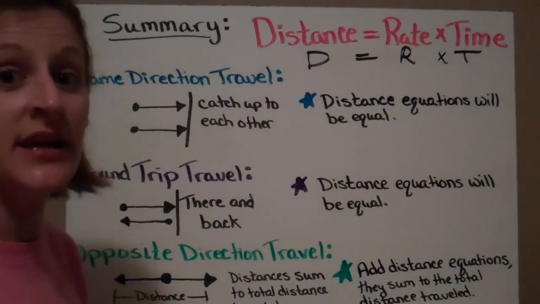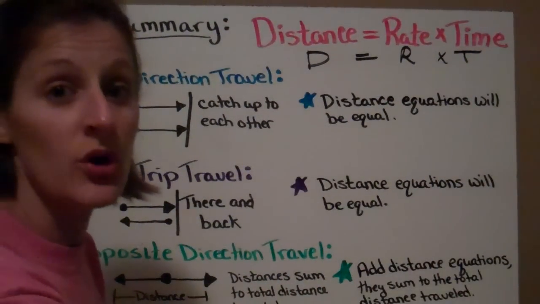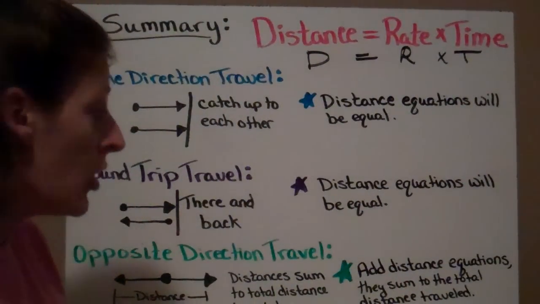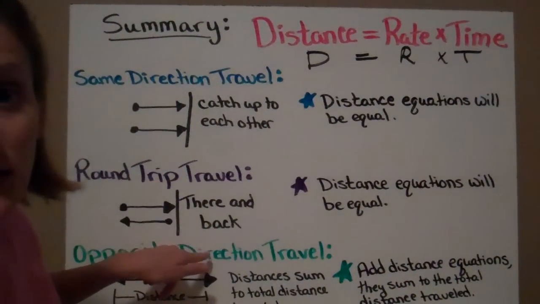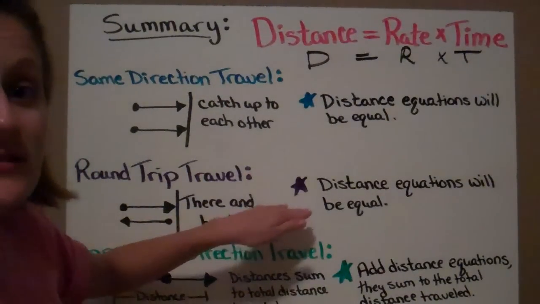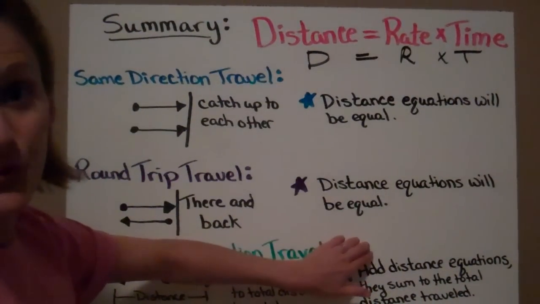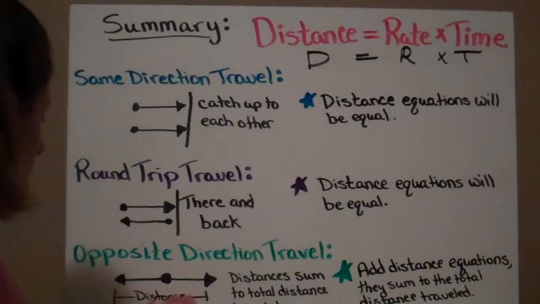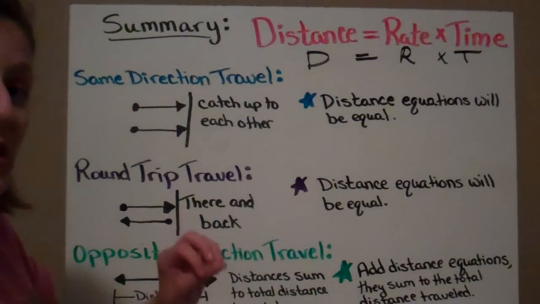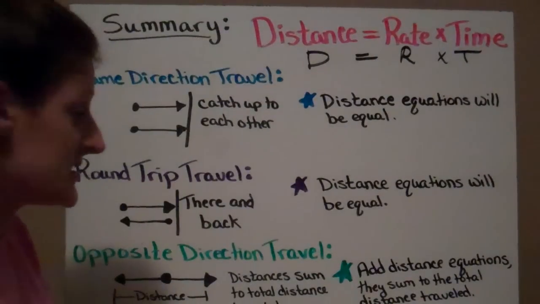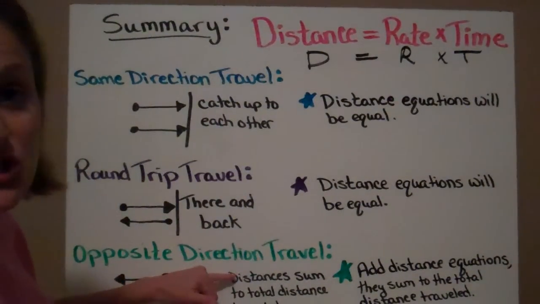Now, round trip is when you go there and back. Like when I start here from my house and I go to work, is the same distance as when I go from work home. So it's there and back. Remember, distance is going to be the same, so your expressions will be equal. The only one that you add them together, equals the distance, is the opposite direction travel.